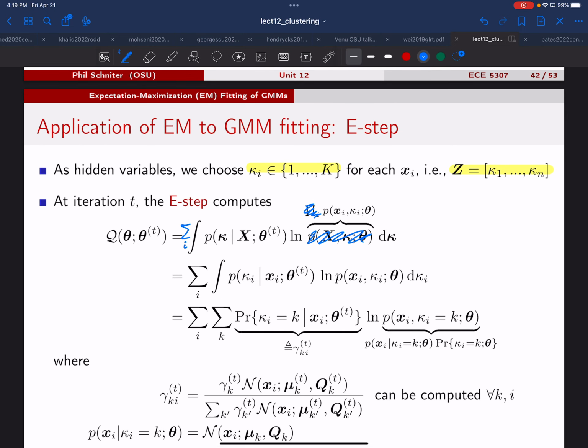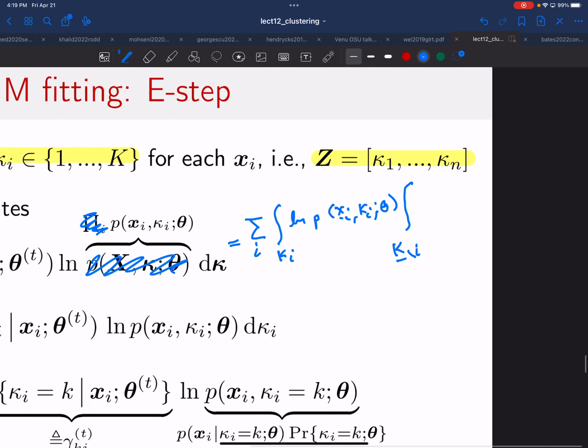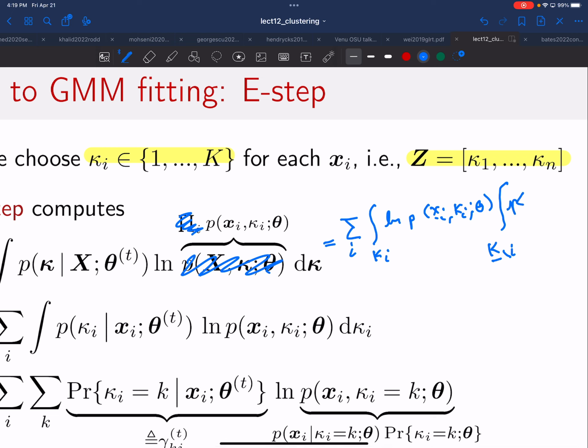The way I would explain it is let's break the integral into an integral over kappa I, and let's move this log p of xi, kappa I, theta in there, and let's have another integral over all the other kappas not I. I'll write that kappa vector backslash I, that's kappa not I. And there I'm going to write what remains. This is p of kappa given x given theta t.